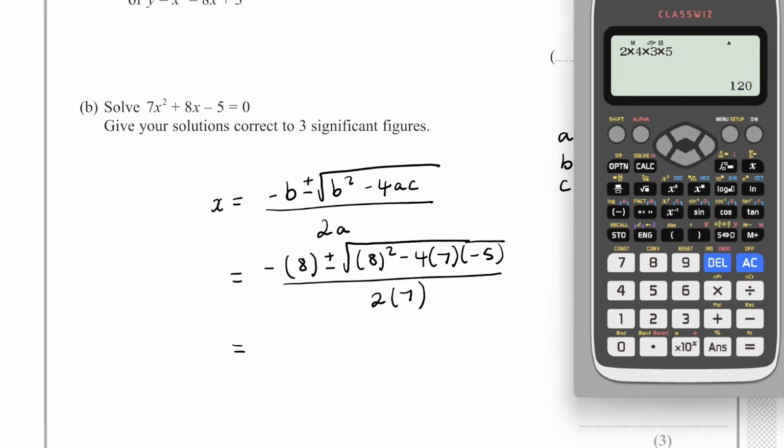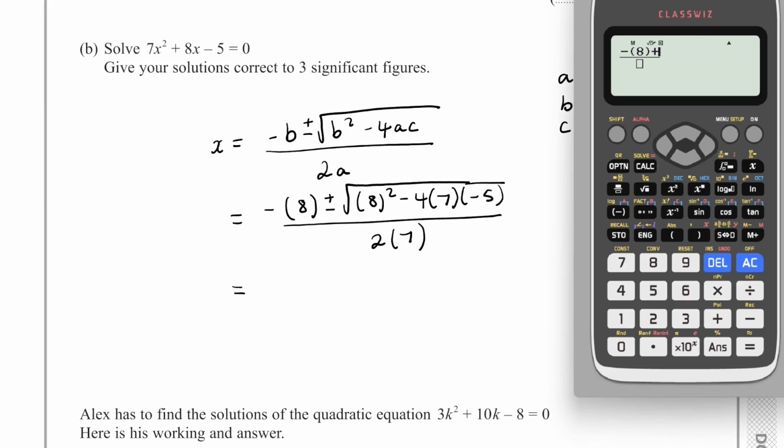And then let's just type that into the calculator. We do it twice, once with a plus and once with a minus. So I'm typing it in exactly how it looks, apart from I've only put the plus.